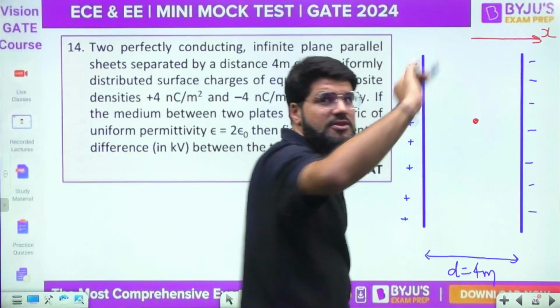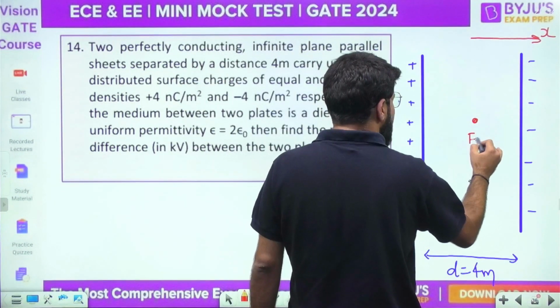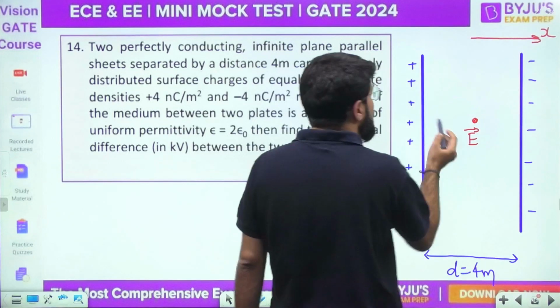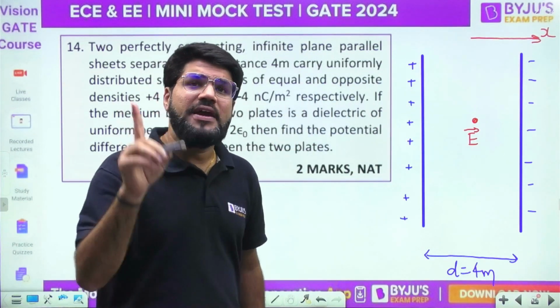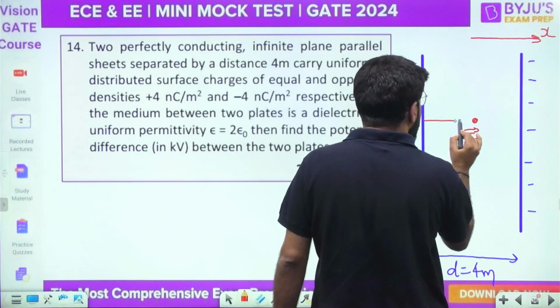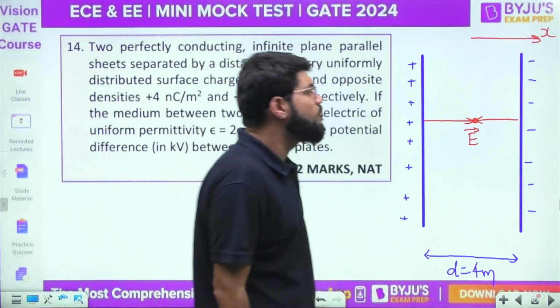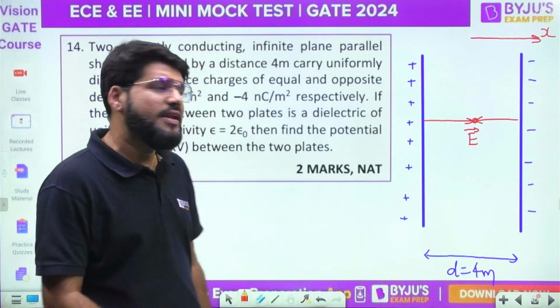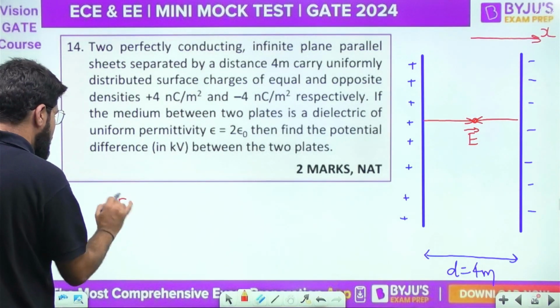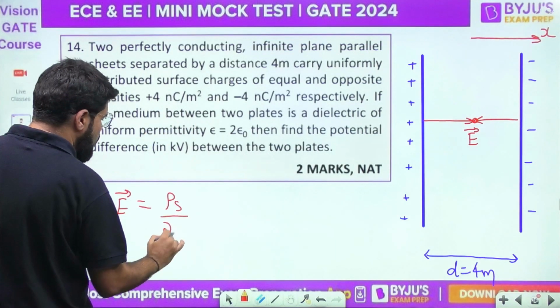Any direction you can assume. At this particular point, what is the electric field? Due to an infinite sheet of charge, what is the electric field? We have to do the vector sum of both the electric fields due to sheet 1 and sheet 2. So what is the electric field due to an infinite sheet of charge? It is given by rho s divided by 2 epsilon.